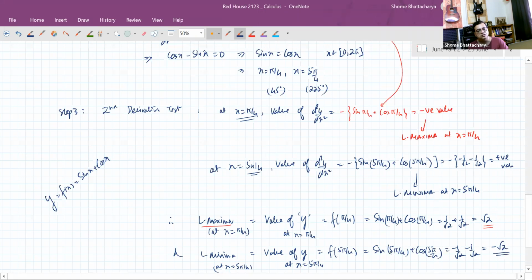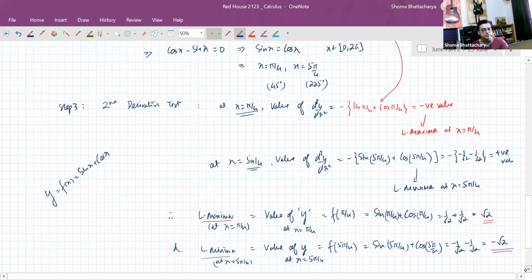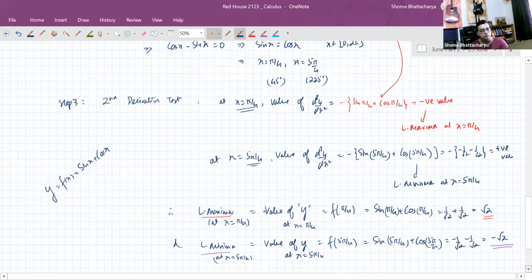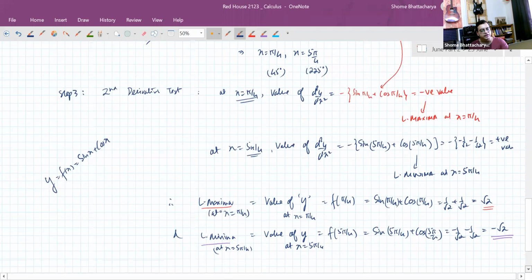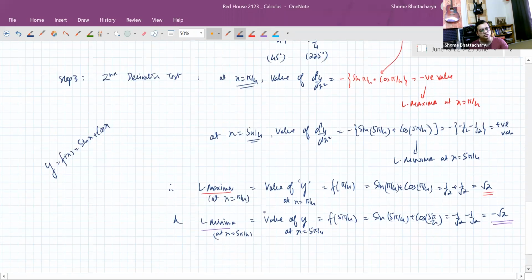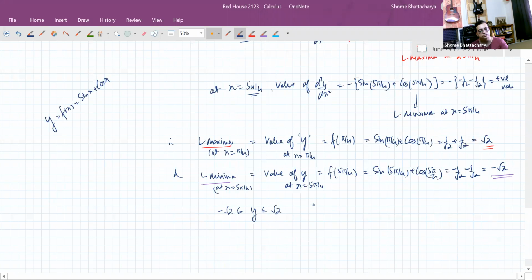So this is our local minima at this point. So that means now we know that y ranges between minus root 2 and root 2 for x belonging to this interval.